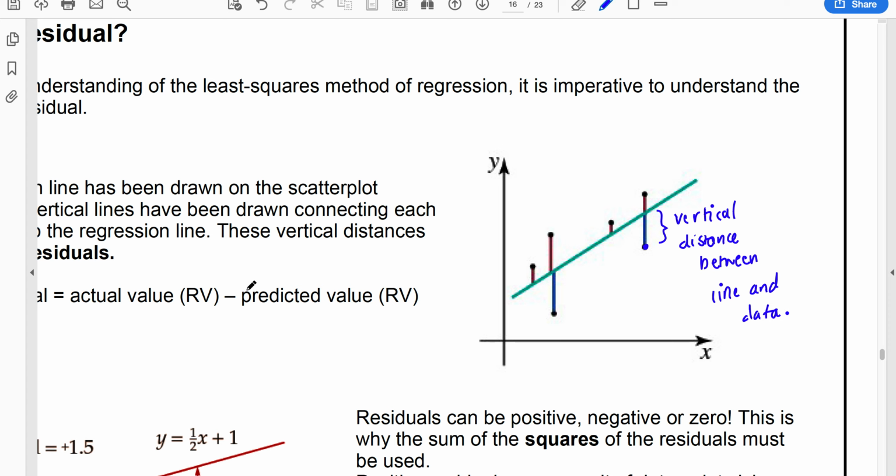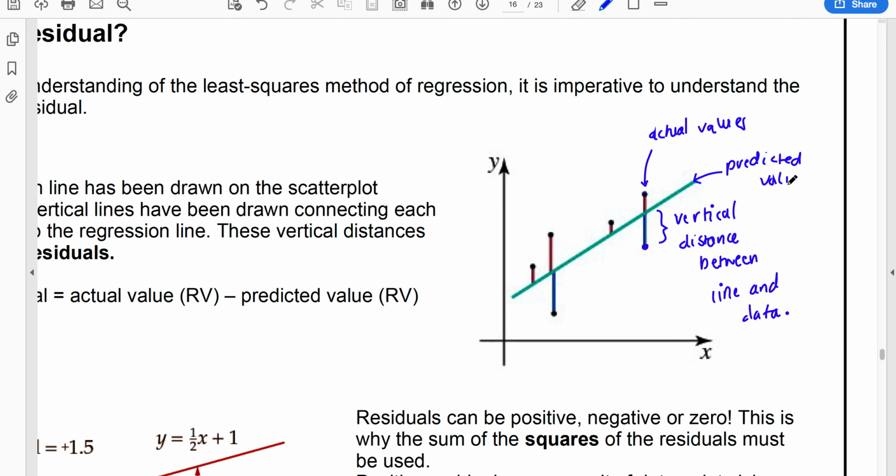There's another way to look at it though. The dots here, they're called our actual values. And since our line is going to be used as a prediction, any value on the line is called a predicted value.